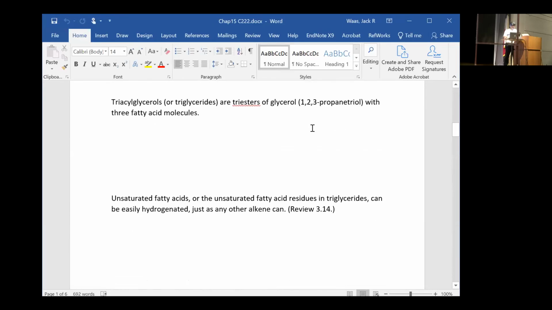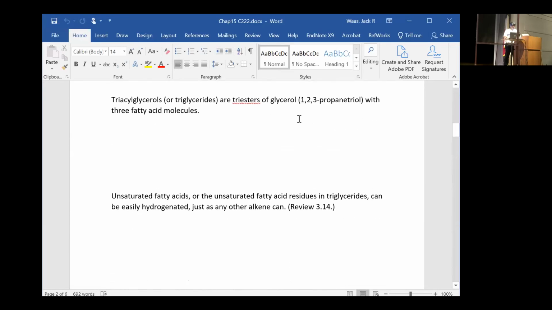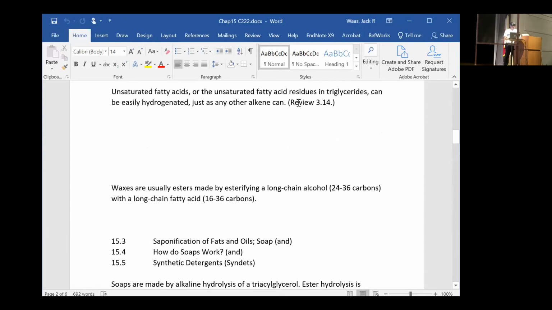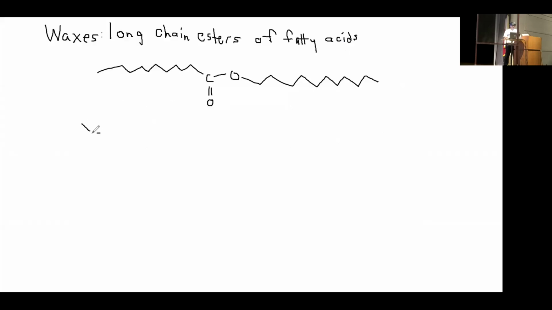And waxes we've already covered. We mentioned triacylglycerols. Oh, and here we are at unsaturated fatty acids. So this is just going to be an alkene reaction. Just remember that what you might want to put there, just as a reminder, is that you can take any alkene and treat it with hydrogen in the presence of some transition metal catalyst.